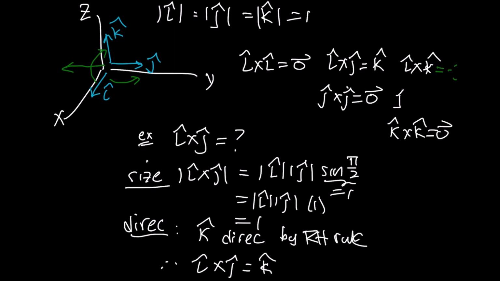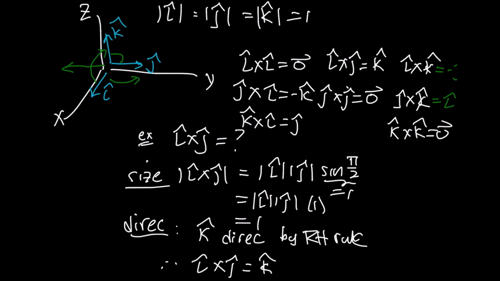If I went j crossed with k, I would have to produce a unit length vector in the x direction, which would give me i, and if I went k cross i I would have to produce a unit length vector in the y direction, so that would have to be j. If I went through and I went j cross i I would get negative k. It would point in the opposite direction, and k cross j would be negative i.